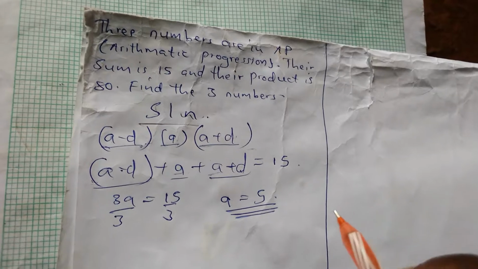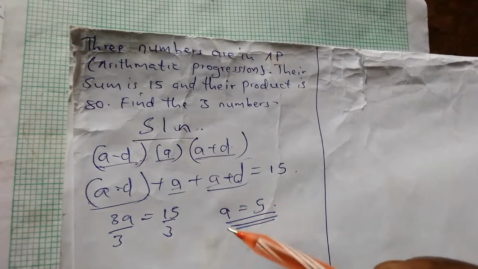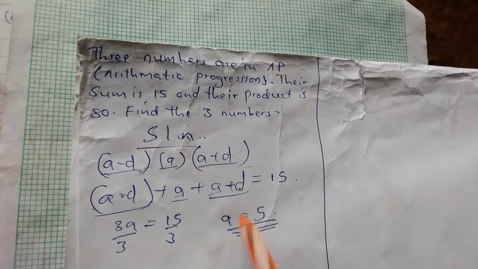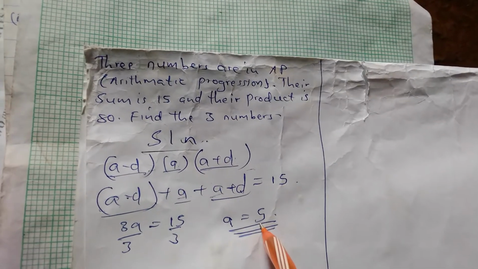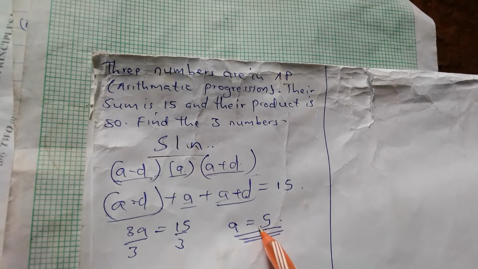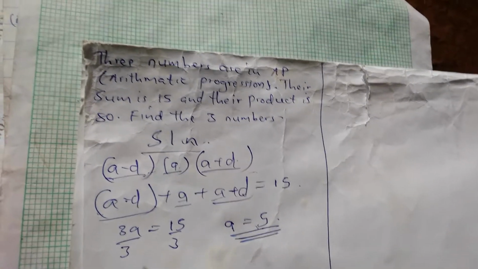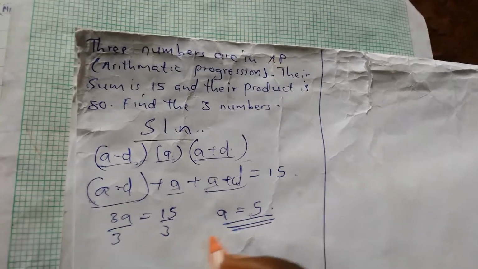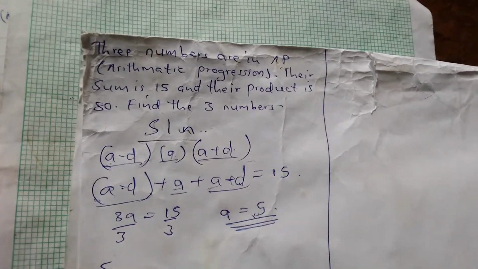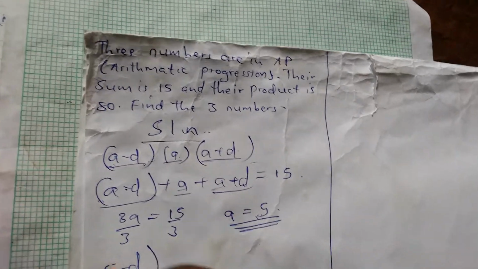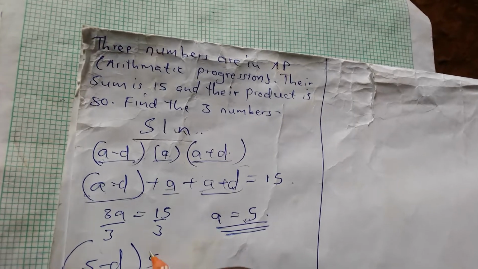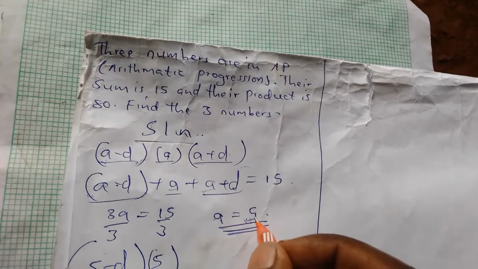From there, you are just going to form another equation, substituting A to where there is A, you put 5. So we are going to form an equation for the product giving us 80. So A is 5, so 5 minus D, we multiply by this A, which is 5.